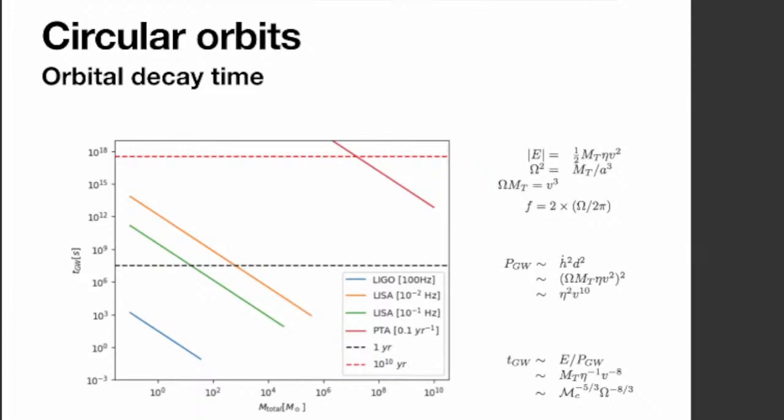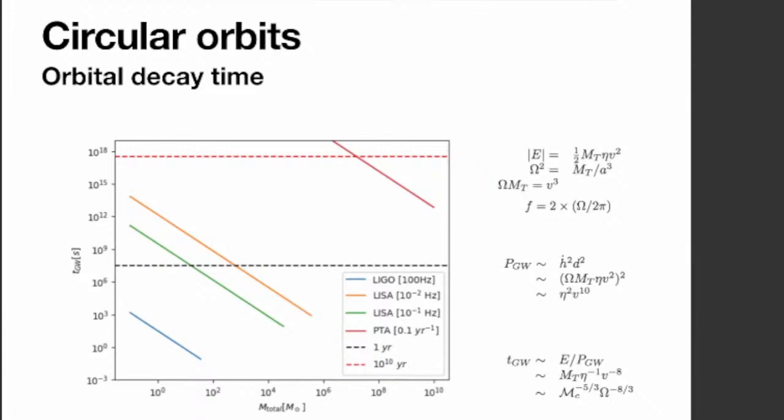Here some line, like this one is 1 year, this is the age of the universe, okay? So first of all, if something is going to merge by gravitational radiation, it better be that the time scale is less than the age of the universe, so below. And if I'm looking at some system with one of these detectors and I'm going to see something changing, it better be that this time scale is shorter than, say, 1 year or something like that.